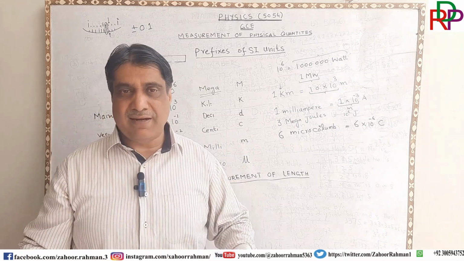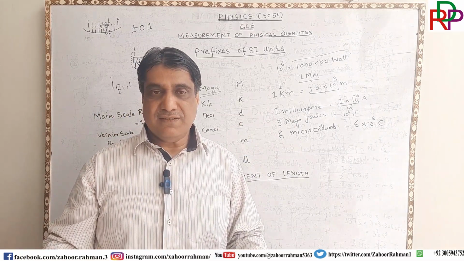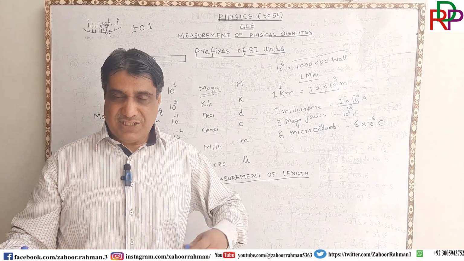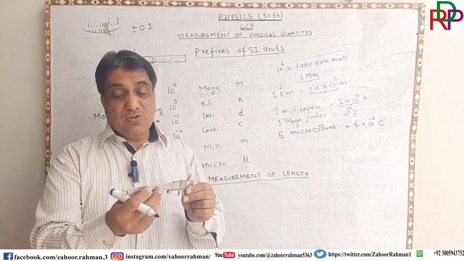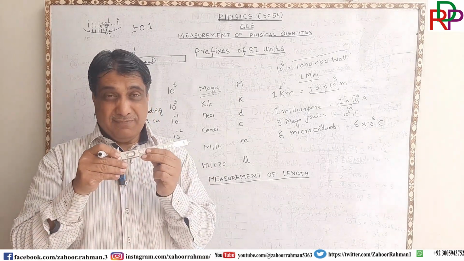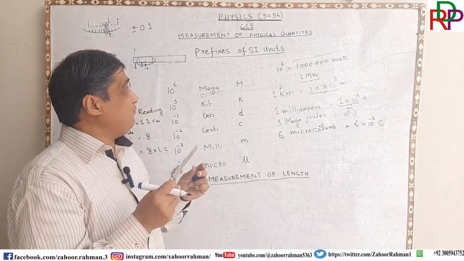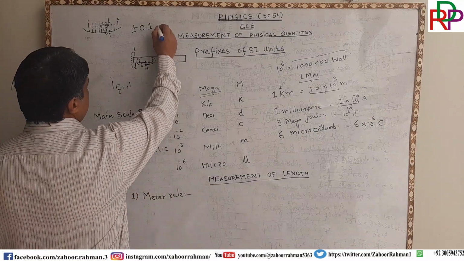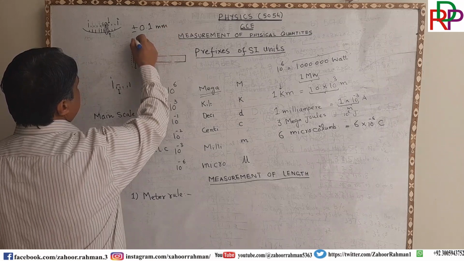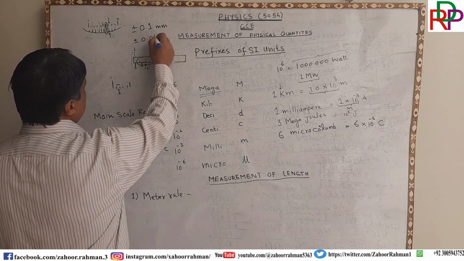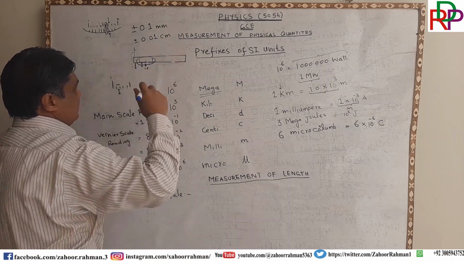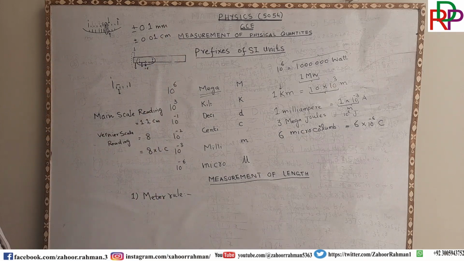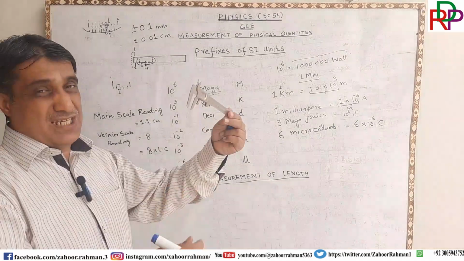The clock cannot count less than 1 second. So that is the least count. What is the least count of the vernier caliper? The least count of the vernier caliper is 0.1 millimeter or plus minus 0.01 centimeter. So this is in centimeter.